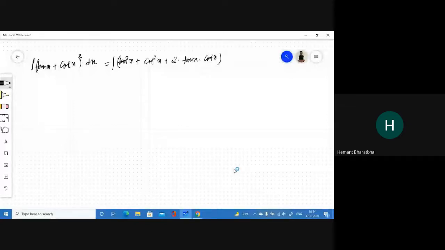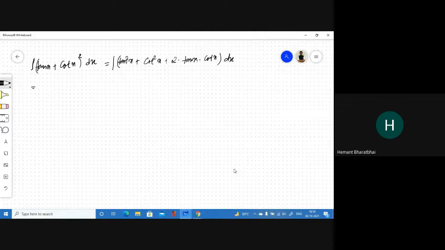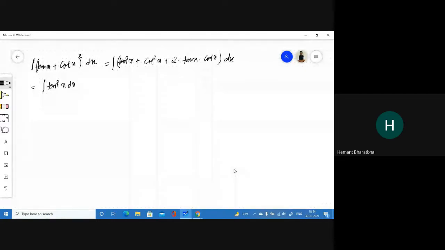I can separate the integral sign: integration of tan square x dx plus integration of cot square x dx plus integration of 2, which goes outside because it is constant, tan x into cot x dx.